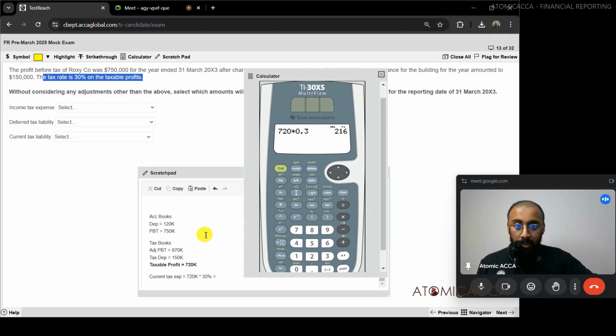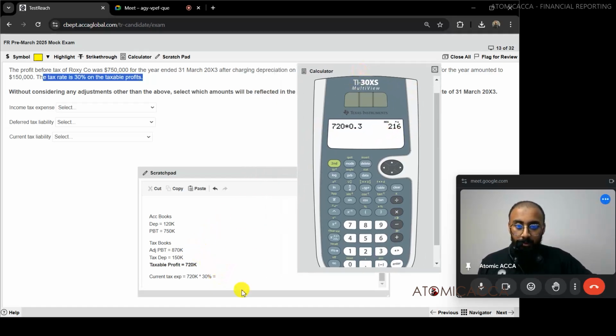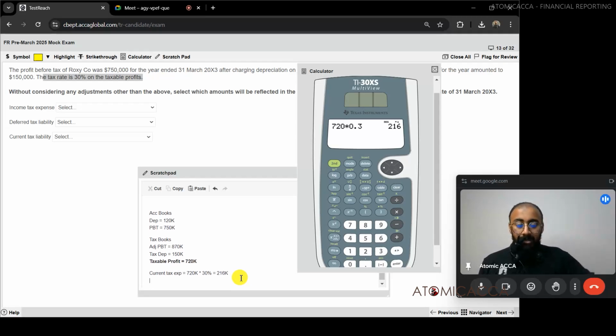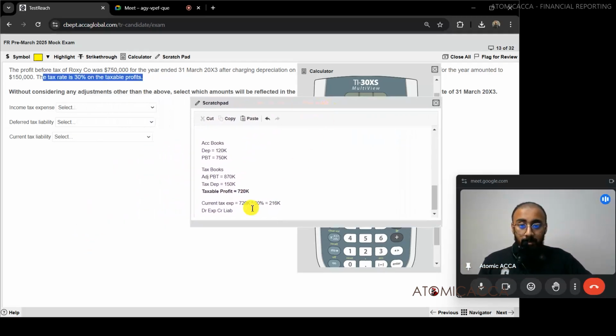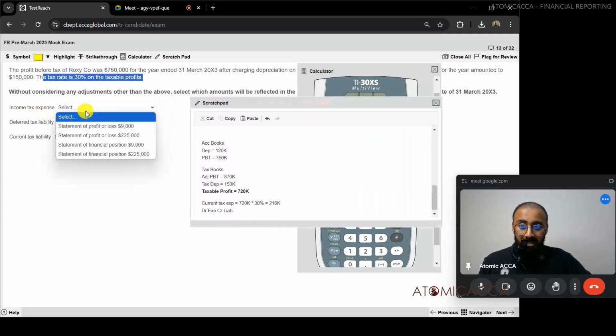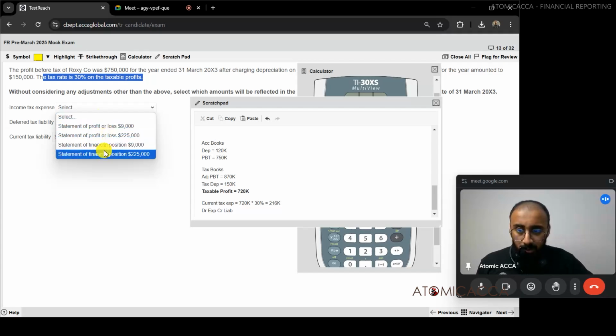That is equal to 216,000. For current year tax expense, what entries do we pass? We'll write debit expense within SOPL, credit liability within SOFP. That means related to current tax, there's an expense that goes to SOPL and a liability that goes to SOFP. So if we pass income tax expense, we don't have 216,000 over here.